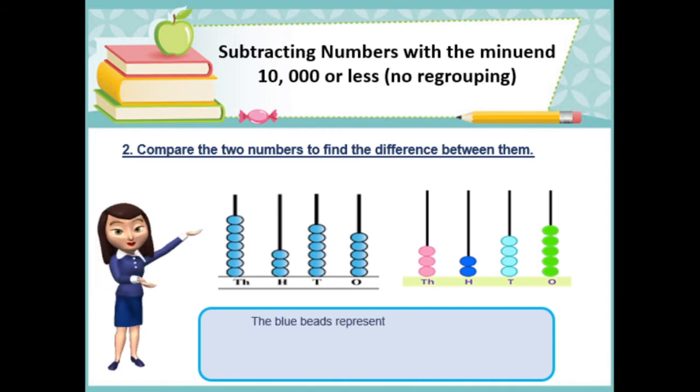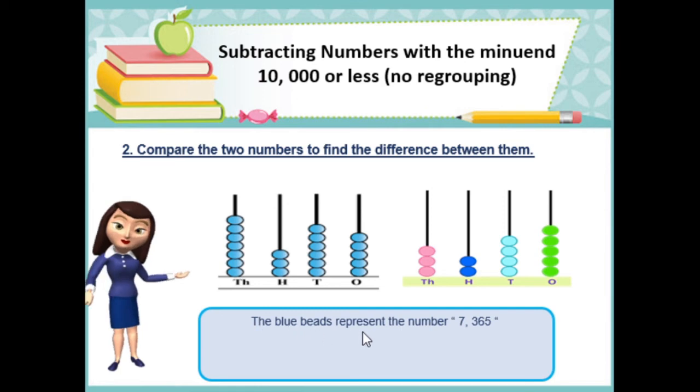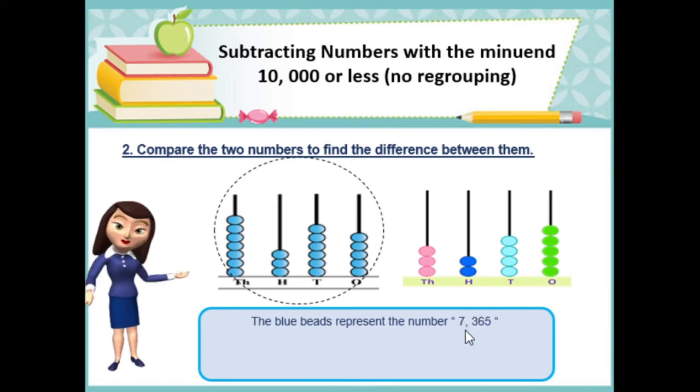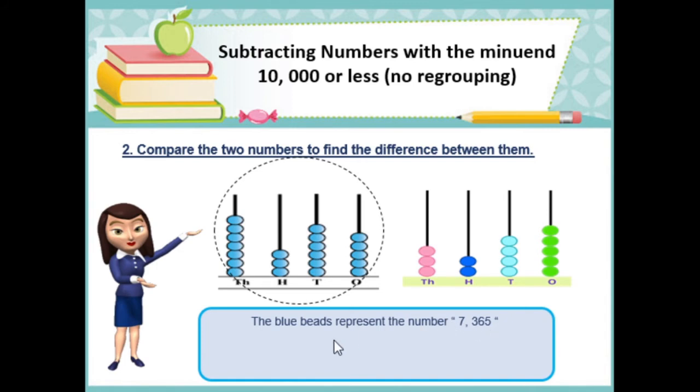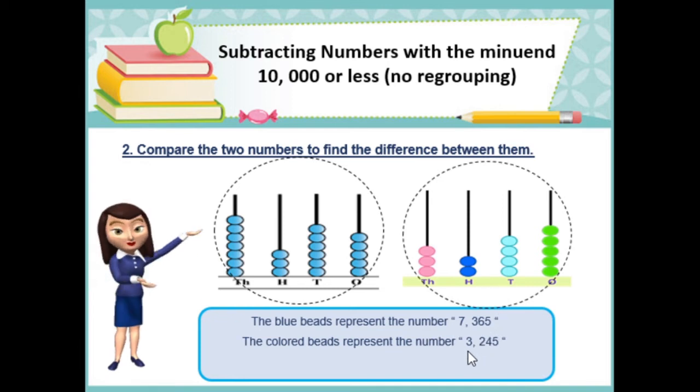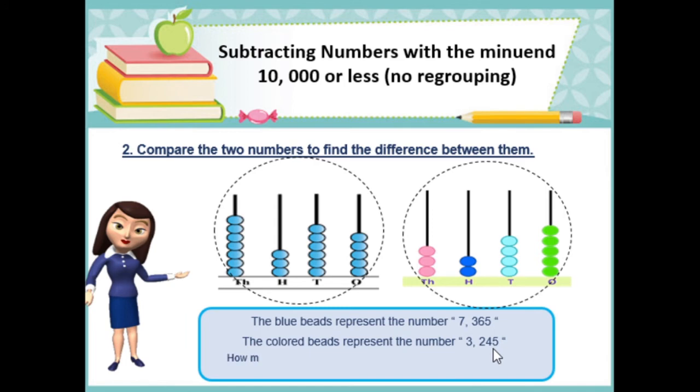So, as you can see, the blue beads represent the number 7,365, and the colored beads represent the number 3,245.